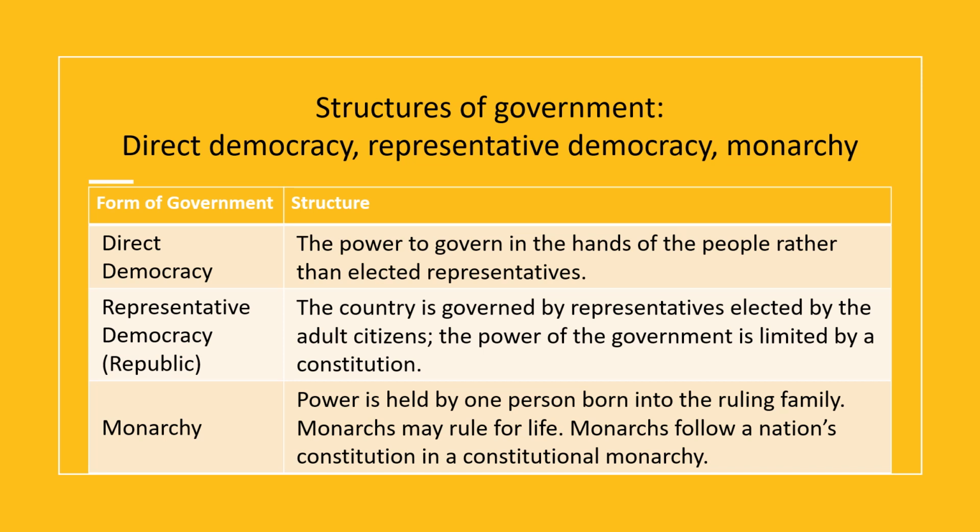In a representative democracy, also known as a republic, the country is governed by representatives who are elected by the adult citizens, and the power of the government is then limited by a constitution. So as we discussed earlier, the power to represent and to pass laws and make other governing decisions is given to representatives by the people in choosing who those people will be.